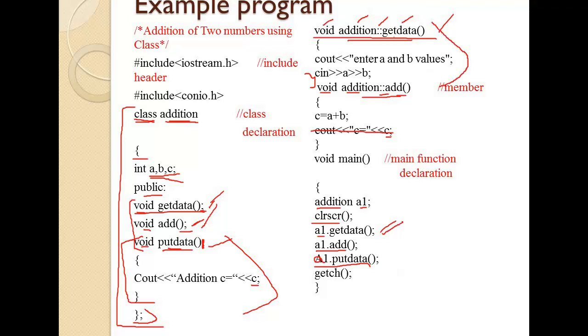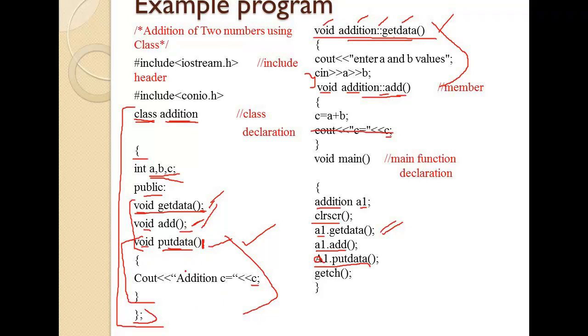Here, in the function declaration itself we can define the function also. Two things we can do together like this, which I have done for put data. For the put data function, I'm doing the declaration here only, and at the same time I'm defining that put data function within this block itself.